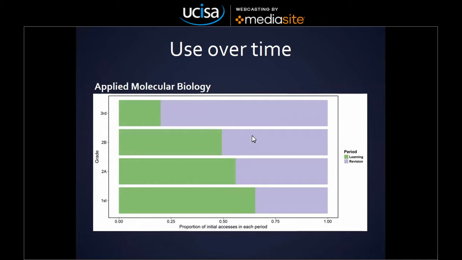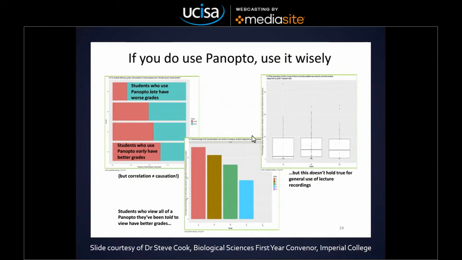And procrastinating and cramming at the end may not be such a beneficial learning strategy, although clearly it may vary from student to student. So with having found information like this, our next step was to tell the students about it.